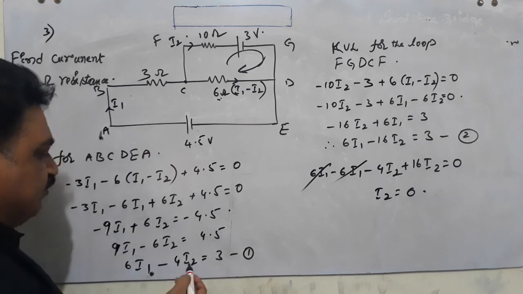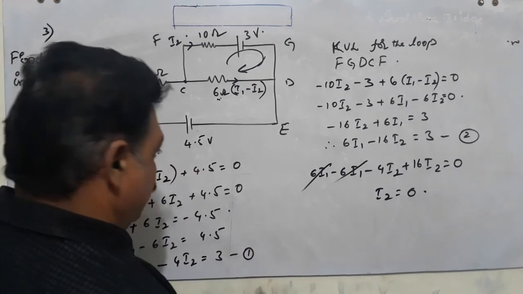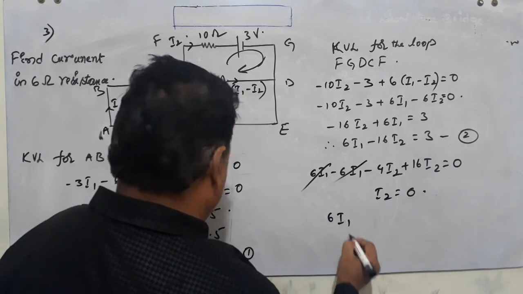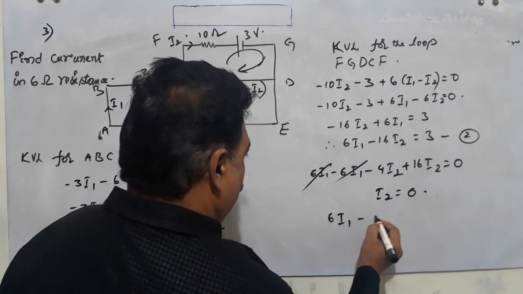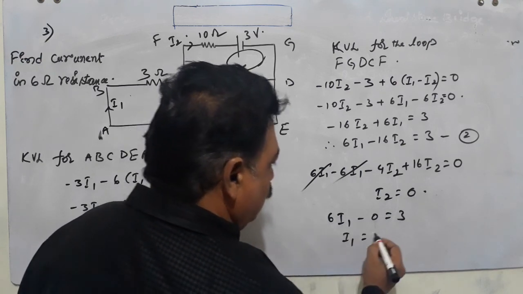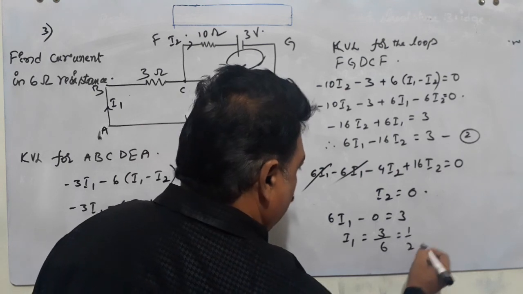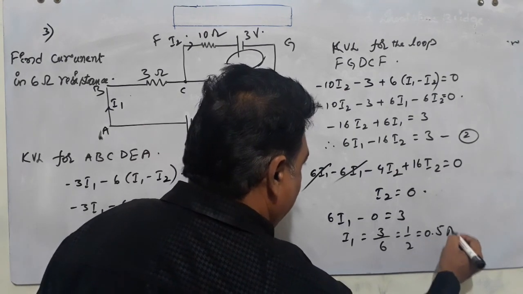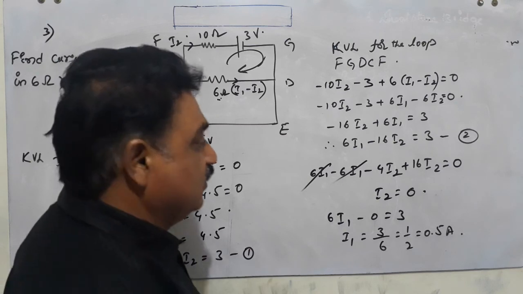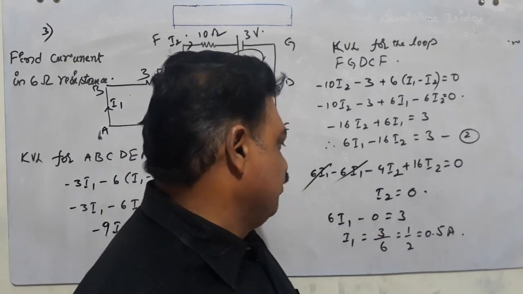See here, I am substituting the value of I2 in equation 1, so that 6I1 minus 0 is equal to 3. Therefore, I1 is equal to 3 by 6, equal to 1 by 2, equal to 0.5 amperes, and this is the answer for this question.